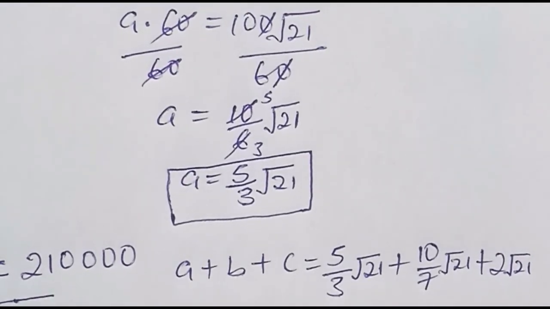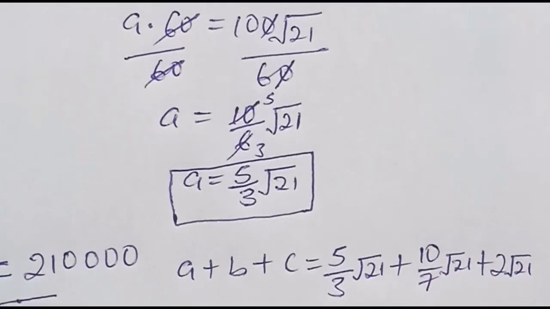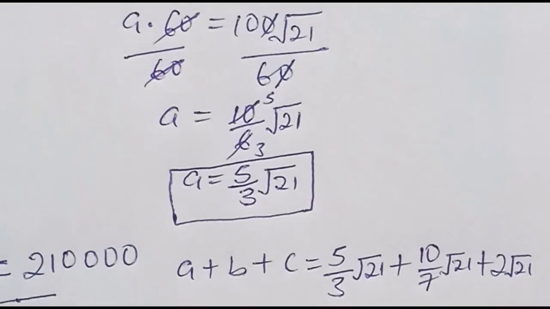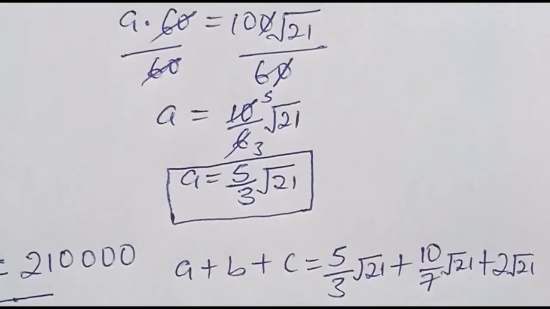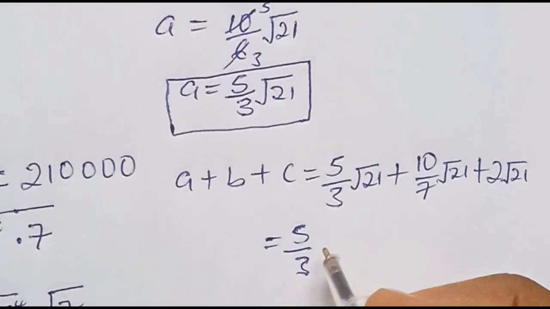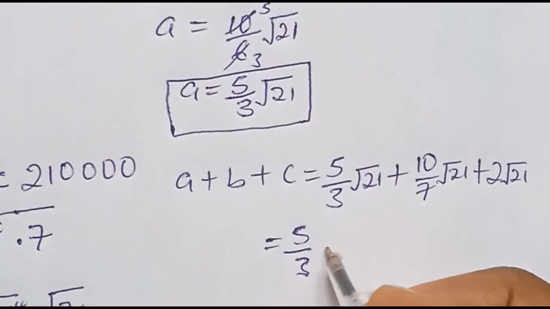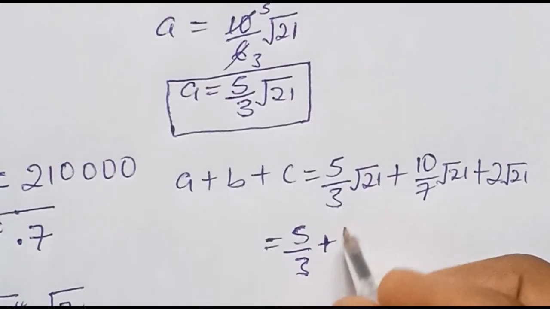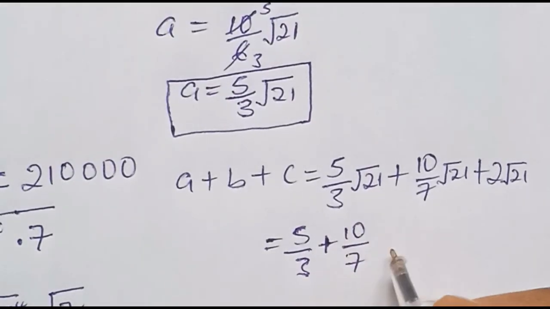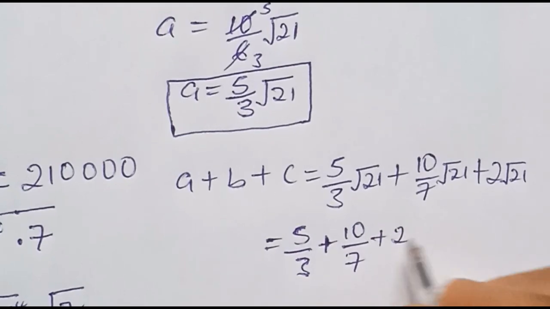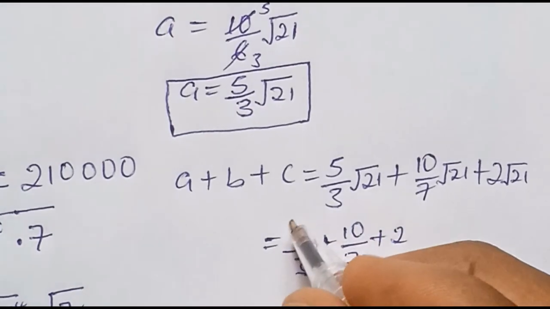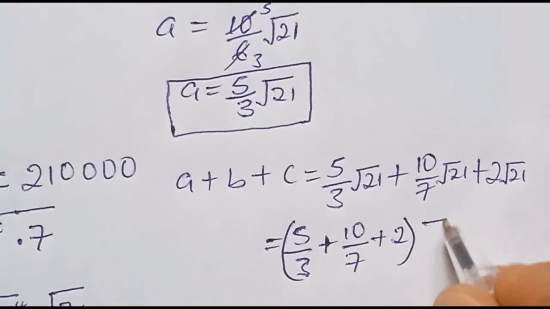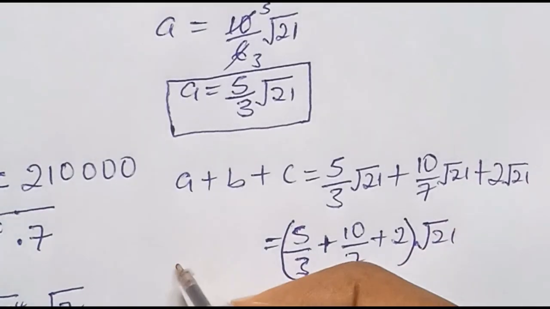So I have from here square root of 21 to be common. So square root of 21, I have 5/3 plus 10/7 plus 2, all into bracket square root of 21.